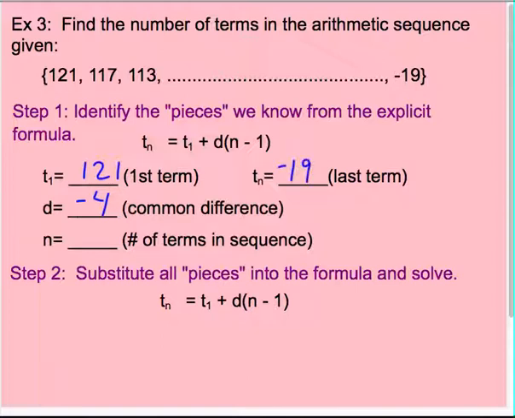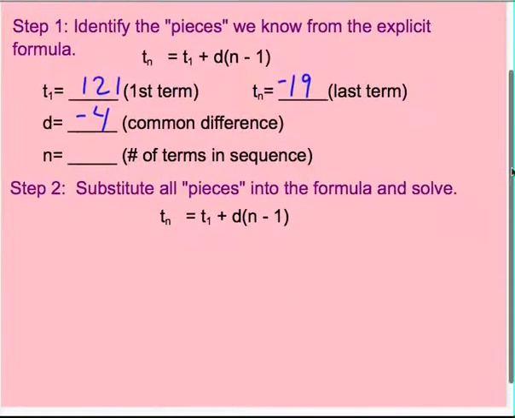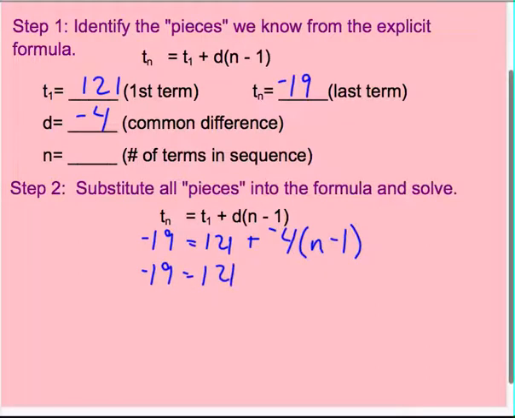Alright, so we substitute all of that into the formula. So our last term is -19. Our first term is 121. Our common difference is -4. And we're looking for a number of terms. So simplifying, I'm going to distribute the -4. Combine my like terms. Sorry if my writing looks weird, my calibration is way off.